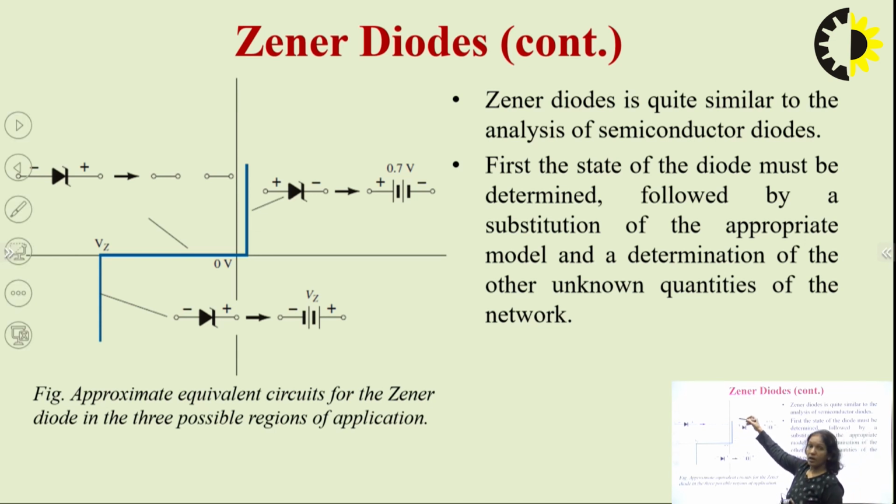The current starts flowing through the diode after the barrier potential voltage.